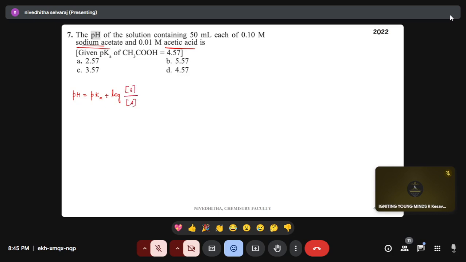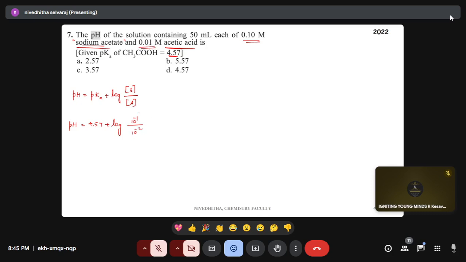That's it. So they're asking us to find the pH. pKa is given as 4.57 plus log of the concentration of salt, which is sodium acetate, 0.1 molarity, which is 10 power minus 1, and the concentration of acid is 10 power minus 2.